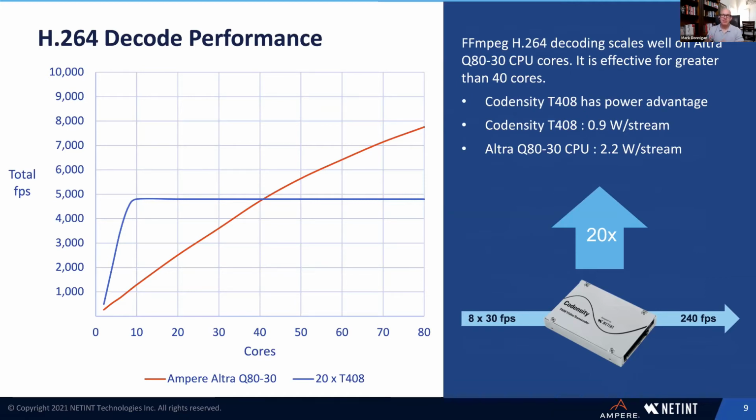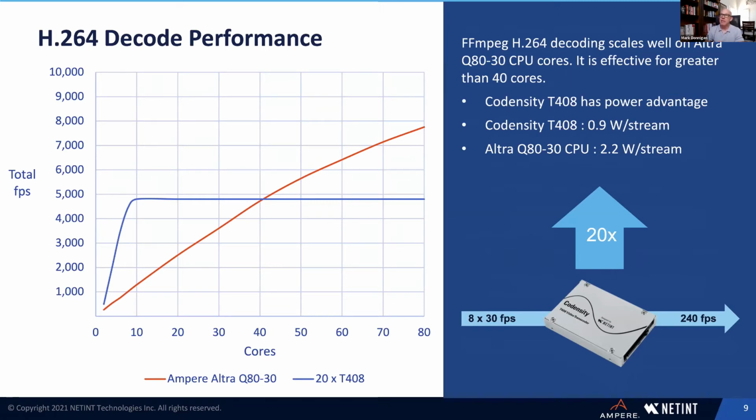For the next 3 slides, it's all the same configuration, 20 T408s running on the same Ampere processor, SoCs, and chassis. The red line is just the tracking of the frames per second per core, going from 0 to 80 on the x-axis.